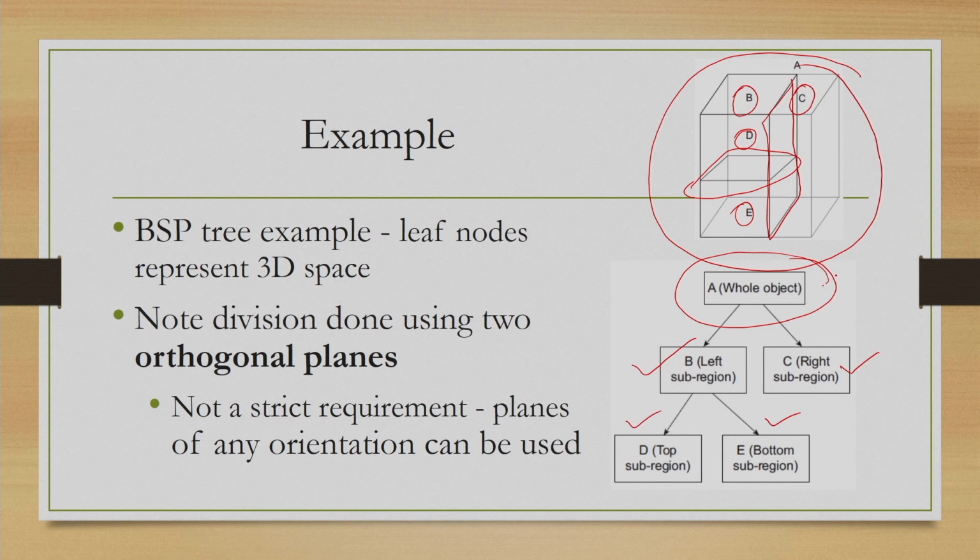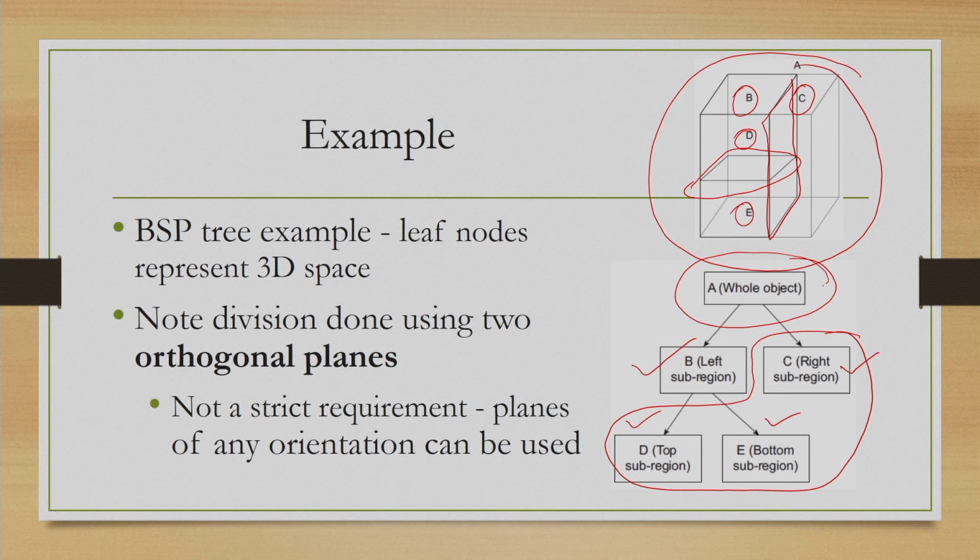So, then eventually what we got, the object is represented in terms of three subregions D, E and C. These three at the leaf level represent the object, and again like in case of octree, we can associate unique properties with each of these subregions to uniquely identify the object.